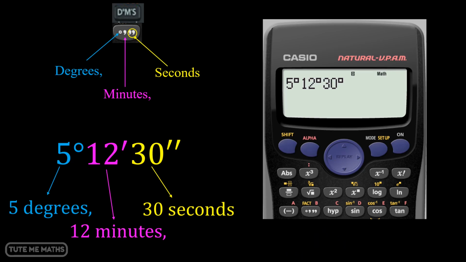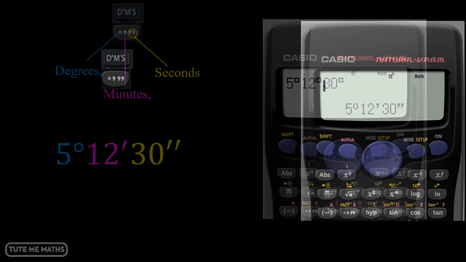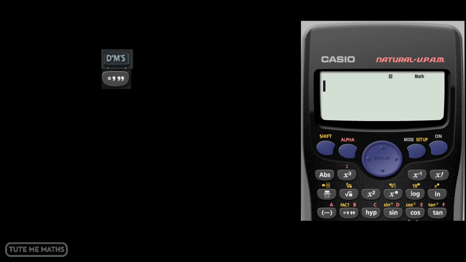The first thing you might notice is that this calculator has reused the degree symbol for minutes and seconds. Just make sure you don't write it that way in your answers. Fortunately, it's rectified when you press equals, as you see here. So that is how you enter angles given to you in the form of degrees, minutes and seconds.